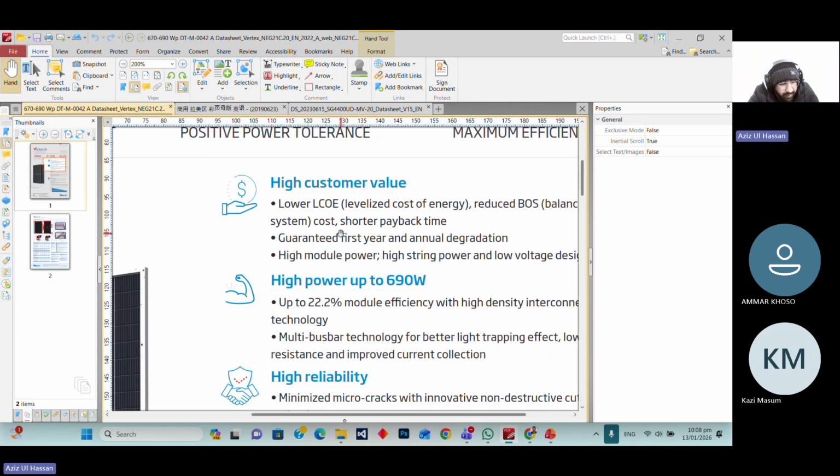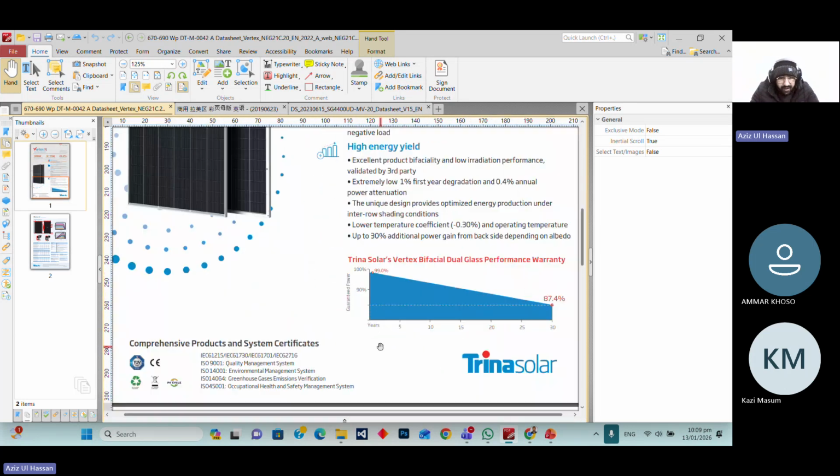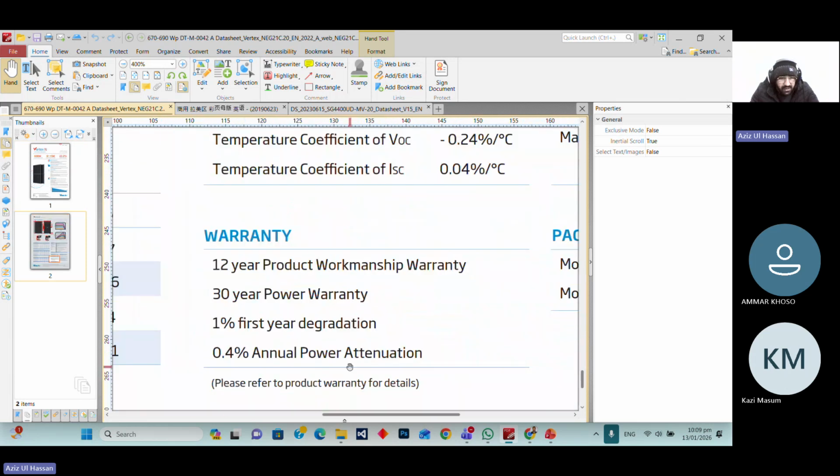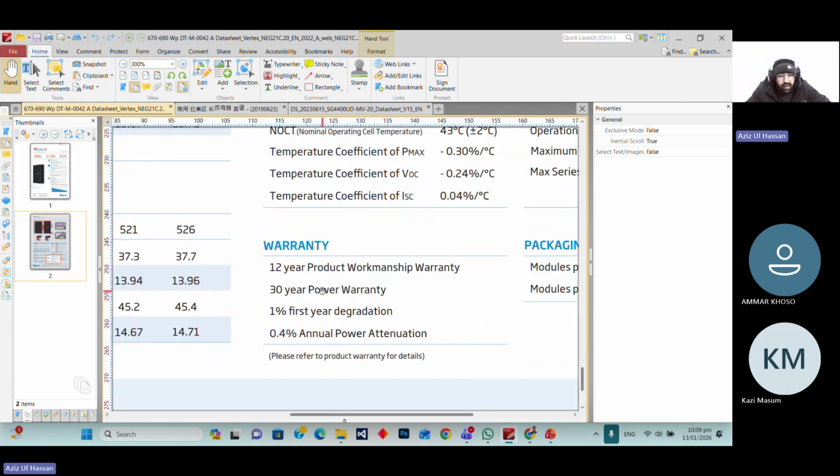You are talking about the warranty of the PV modules? Yes. Basically, the standardized warranty of the PV module is that, as you can see here, they have mentioned a 12-year product workmanship warranty and a 30-year power warranty.